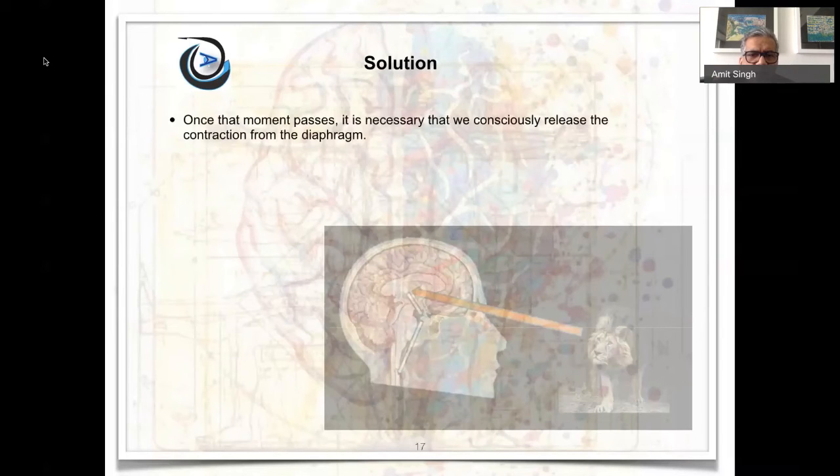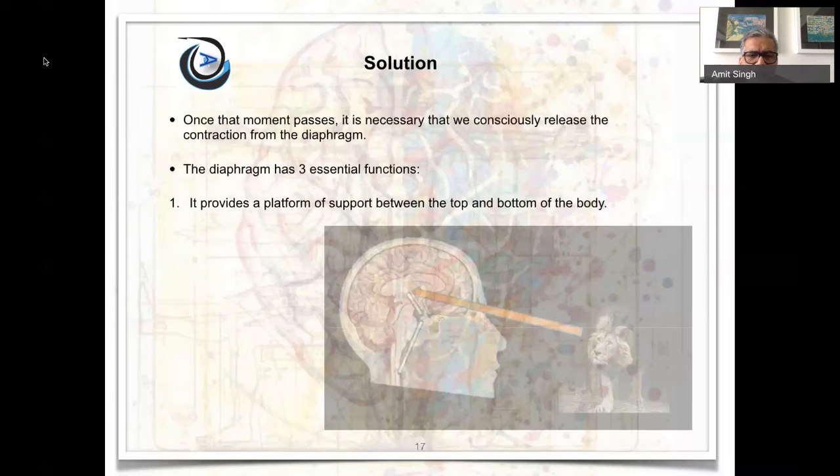Once the moment of startle anxiety passes away, it is necessary that we consciously release the contraction of the diaphragm, which locks the upper and lower body. The diaphragm has three essential functions. One, it provides a platform of support between the top and bottom body.